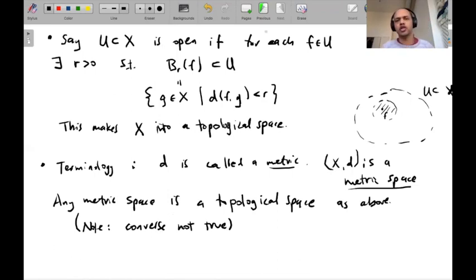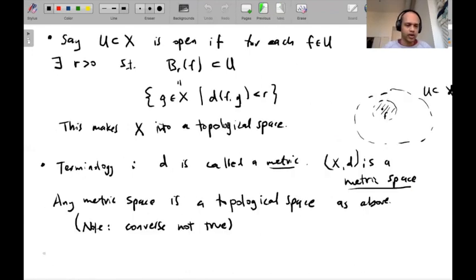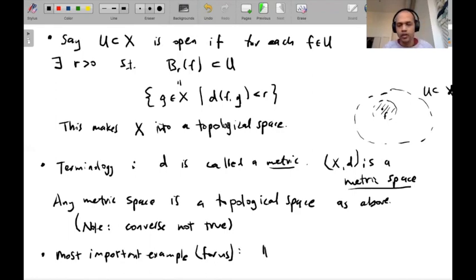And so this is a general way to construct topological spaces. If you have a set which has a metric, then you get a topological space. And the most important example for us is R^n with the usual distance metric.